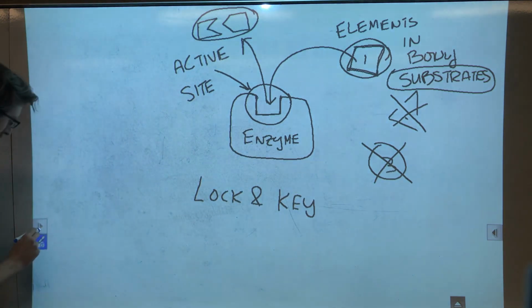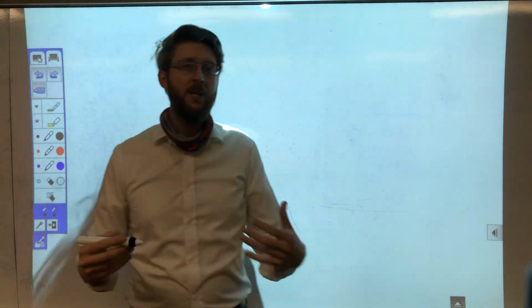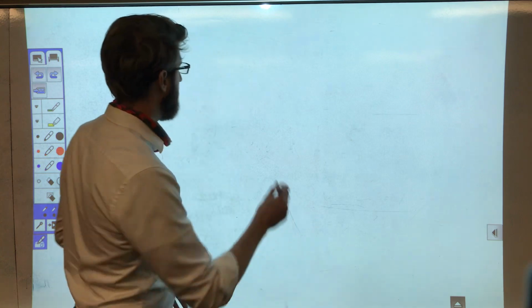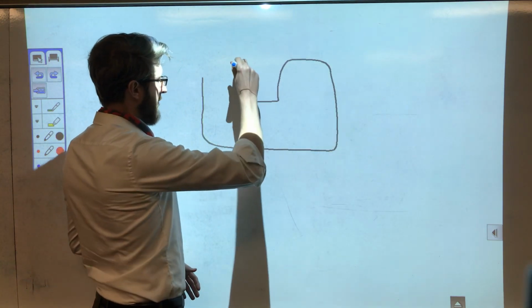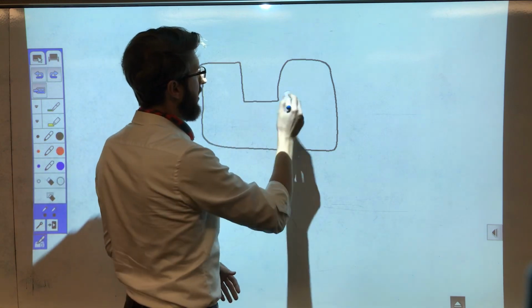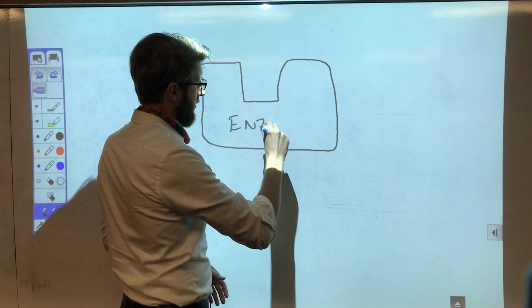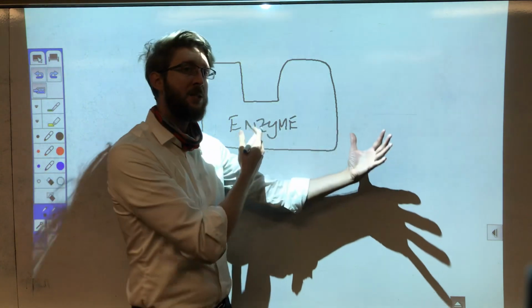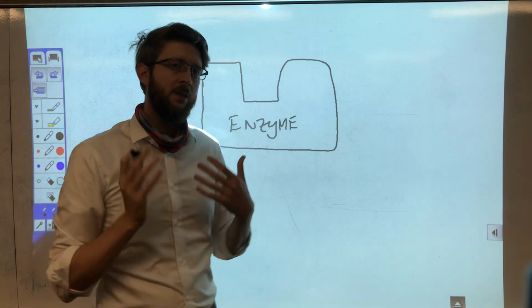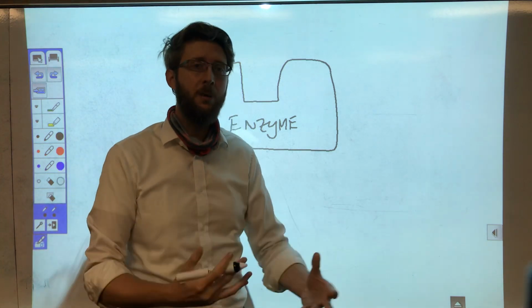Now there's two things that can affect how well the enzyme performs. Okay, so let's go back to this enzyme here. It's the same enzyme. It's got the square active site, remember? Okay. Now, this is an enzyme in your body. Your body has to be in a certain condition for it to work properly.